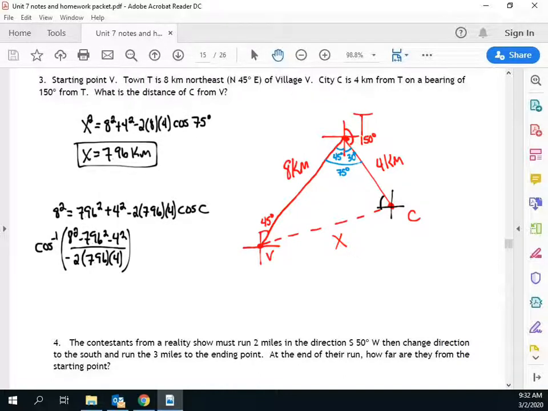So what is the angle C? 76.04. Perfect, that's exactly what I got.